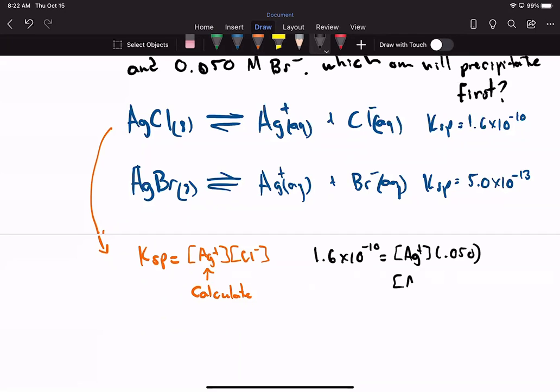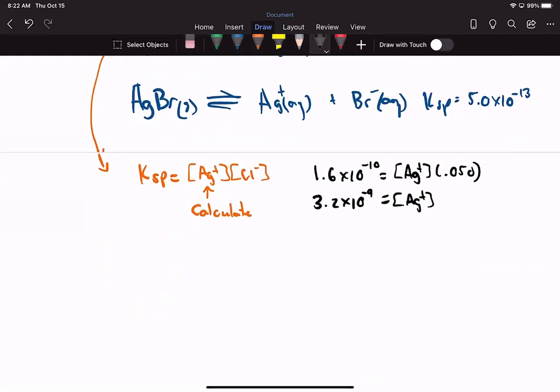So the molar solubility here is equal to 3.2 times 10 to the minus 9. So we figured out the molar solubility of the silver ions for silver chloride.